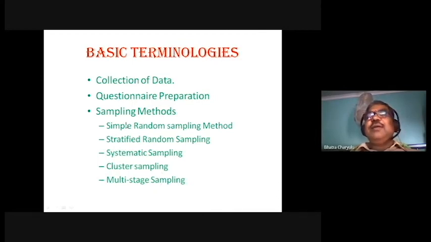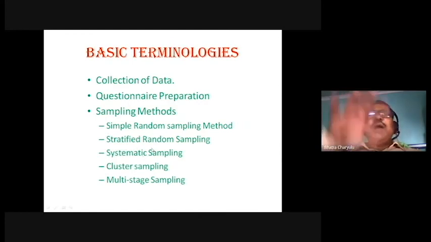In simple random sampling I select using a lottery technique from the overall population. Or I divide the population into different groups based on some particular criteria and select some values randomly from each part, which is called stratified random sampling.